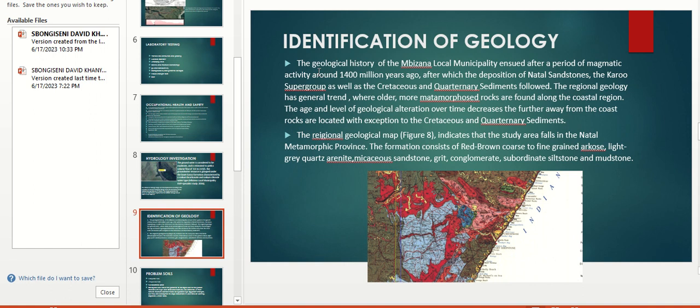As you can see in figure 8, the geological history of the Mbizana local municipality is the period of magmatic activity around 114 million years ago, after which a deposition of Natal sandstone, and also the regional geological map, which you can see on figure 8, indicates the study area falls in the Natal Metamorphic Province.